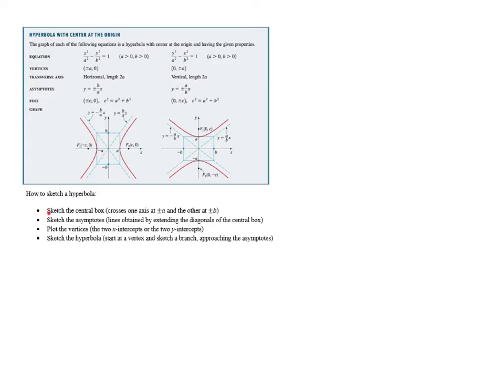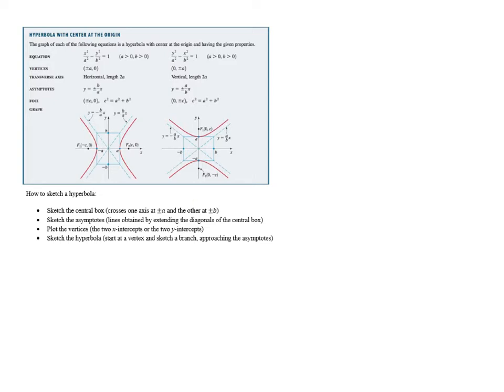So first, we need to sketch the central box, which we can do by plotting the vertices, and then also plotting the 2 points on the other axis, given by B. And the vertices are going to be horizontal if we have x squared minus y squared, and they'll be vertical if it's y squared minus x squared.